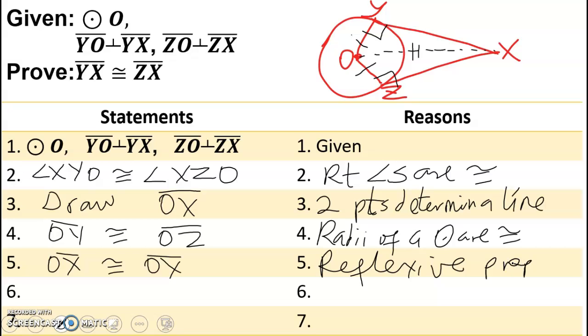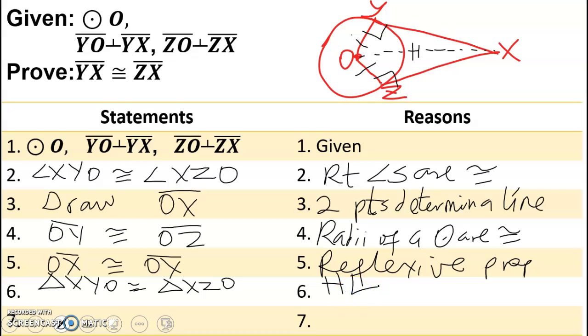Okay, so therefore we know that this is the right angle and this OX is the hypotenuse because it's opposite the right angle. So we have the right angle and then we have one of the legs. So therefore, triangle XYO is congruent to triangle XZO by HL, hypotenuse leg.